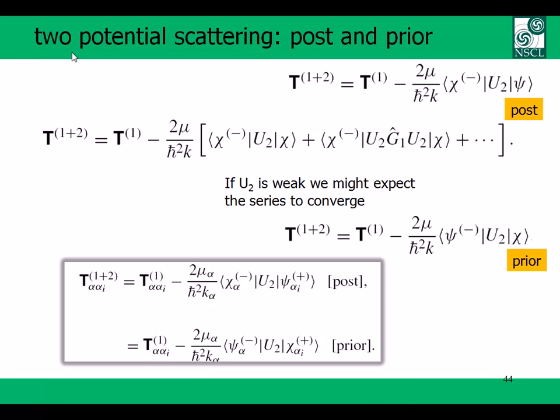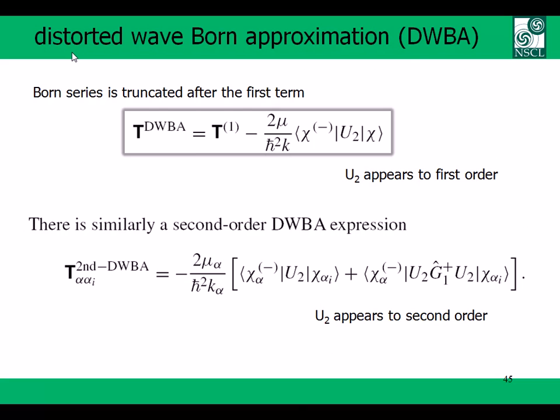So what I have here is often referred to as distorted wave Born approximation, first order, or DWBA. And this is basically what I rewrite here. You can truncate the series to first order. You can truncate it to second order, and then you'd have to calculate this term, which is considerably more work than calculating this term, but can be calculated.